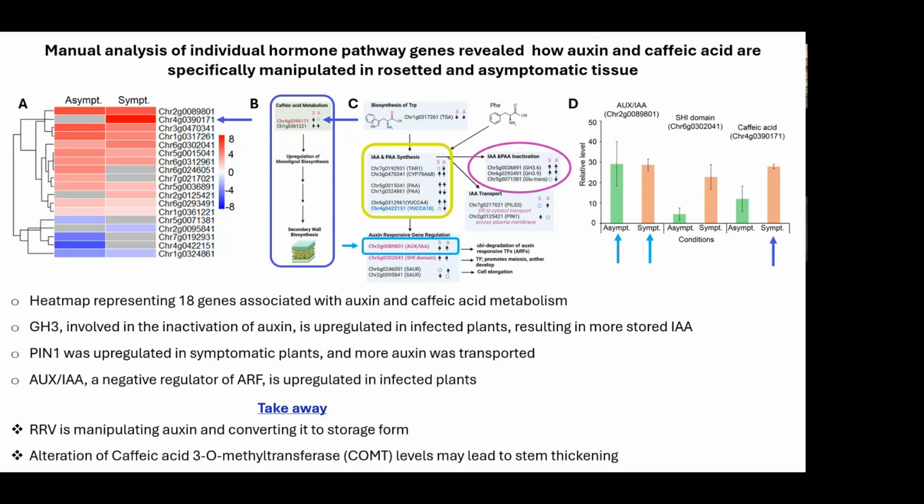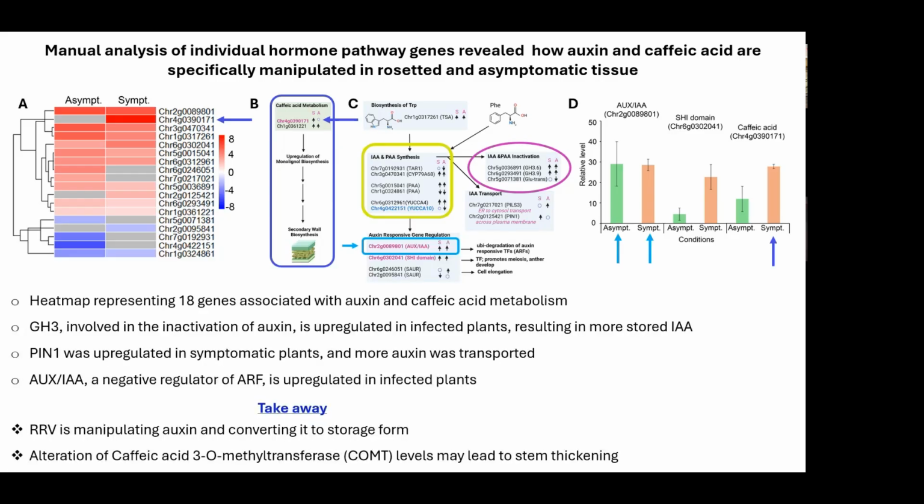And these genes are involved in converting, as I have said, auxin to amino acid-conjugated auxin. The takeaway from this slide is that RLV might be manipulating the auxin and converting it to a storage form. That's why when we measure the level of auxin, we don't see it being upregulated in each condition, because these genes are upregulated in both conditions.